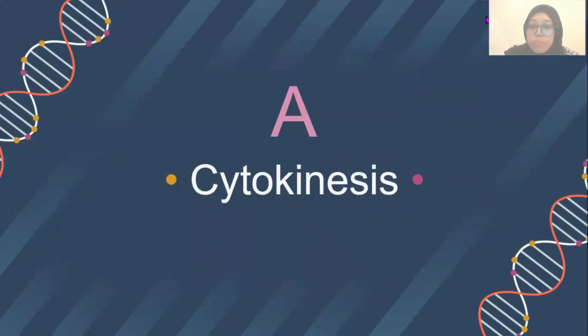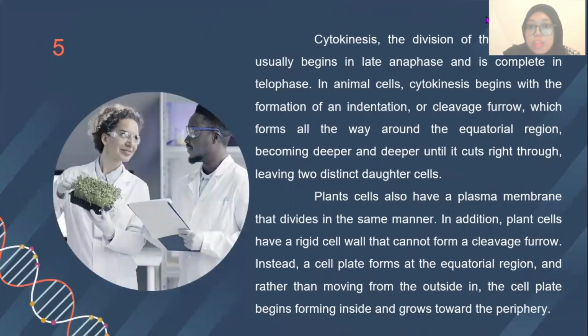And in telophase, there are, number 1, cytokinesis. Cytokinesis, the division of the cytoplasm, usually begins in late anaphase and is complete in telophase. In animal cells, cytokinesis begins with the formation of an incision, or cleavage furrow, which forms all the way around the equatorial region, becoming deeper and deeper until it cuts right through, leaving two distinct daughter cells.